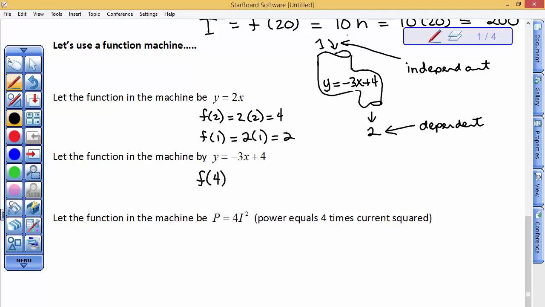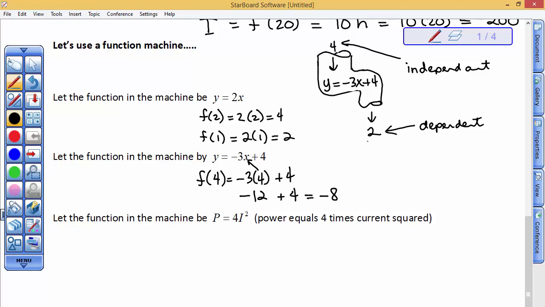So I drop that 4 in for x. I use order of operations, which says to multiply and then add. When I'm all done with order of operations, I get an answer out of this machine of negative 8. So I drop a 4 in and I get an answer out of negative 8.